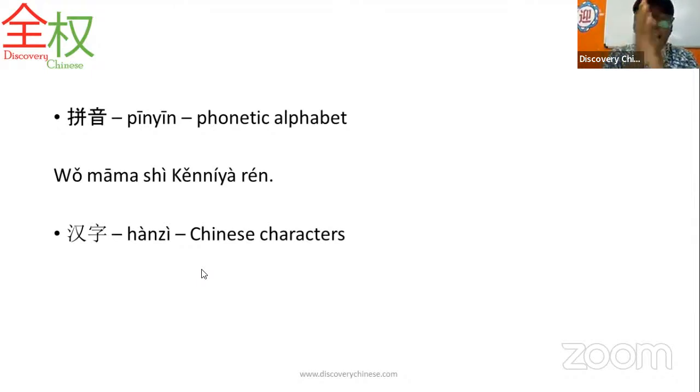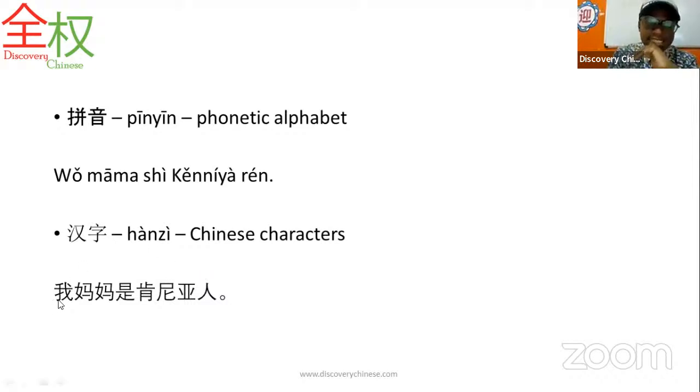So Chinese has the pinyin and the hanzi. As you start as a beginner, yes, you will start with the pinyin, with the training wheels. But as you go along, we start introducing the hanzi slowly by slowly, and then of course you will be comfortable with this. So if you look at this second sentence, this is still the same sentence.